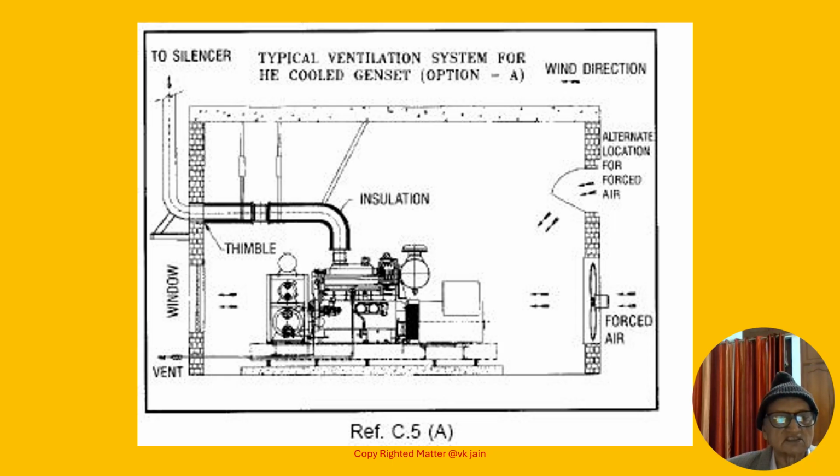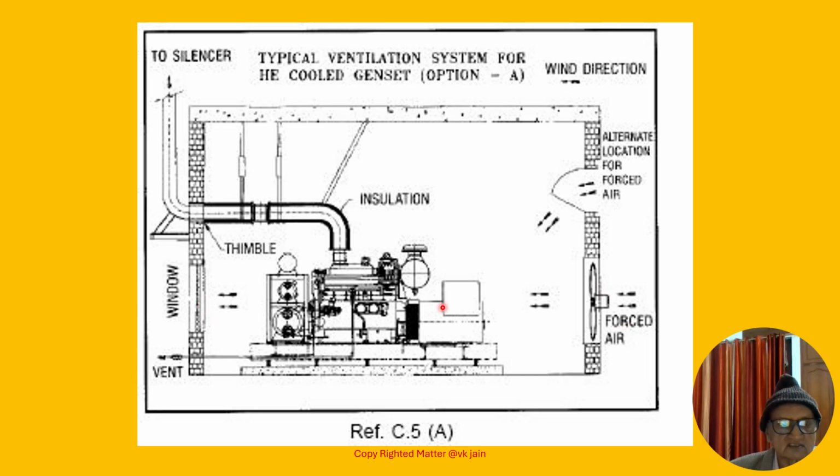Friends, this particular slide shows a typical ventilation system for an air cooled generating set. Option A. Suppose the wind is blowing in this direction, then it suggests a forced air system with an exhaust fan provided in the side wall and a window provided on the other.